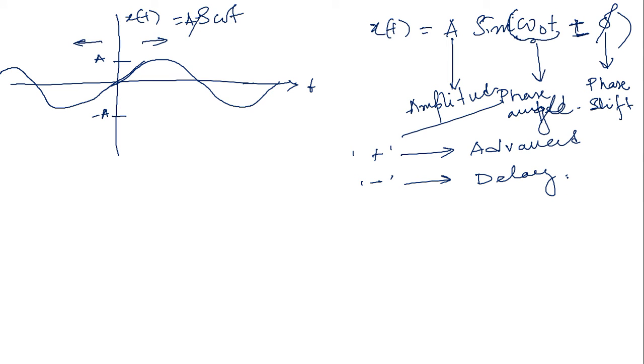Now here are 2-3 important points that you can highlight. If I differentiate this phase angle, this omega t, with respect to time, what will be the outcome?